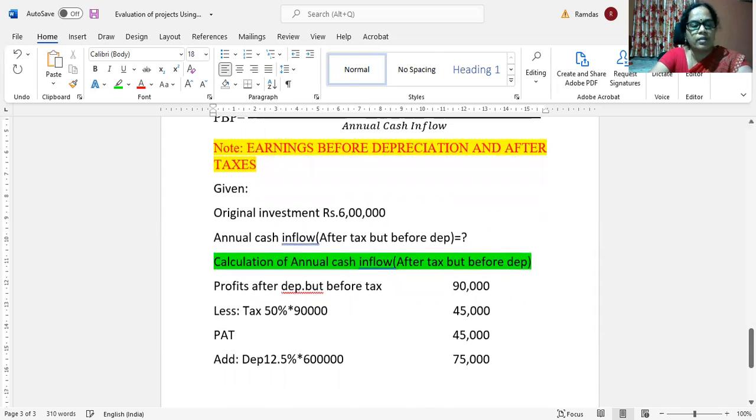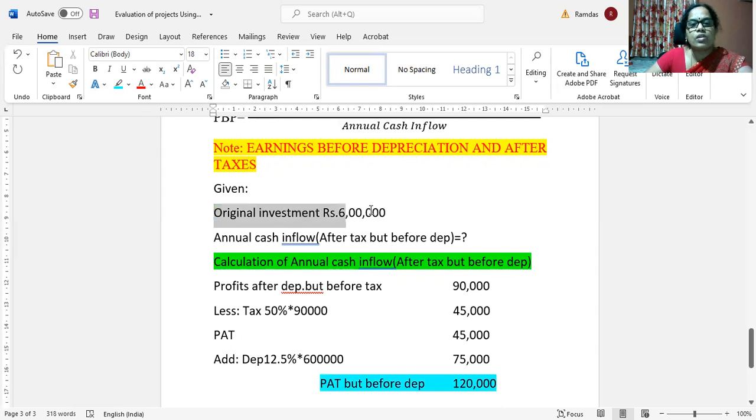So when I add back the depreciation, I get back profit after tax but before depreciation. That would be 45,000 plus 75,000, that amounts to 1,20,000. So this is my profit after tax but before depreciation, and this is my answer.